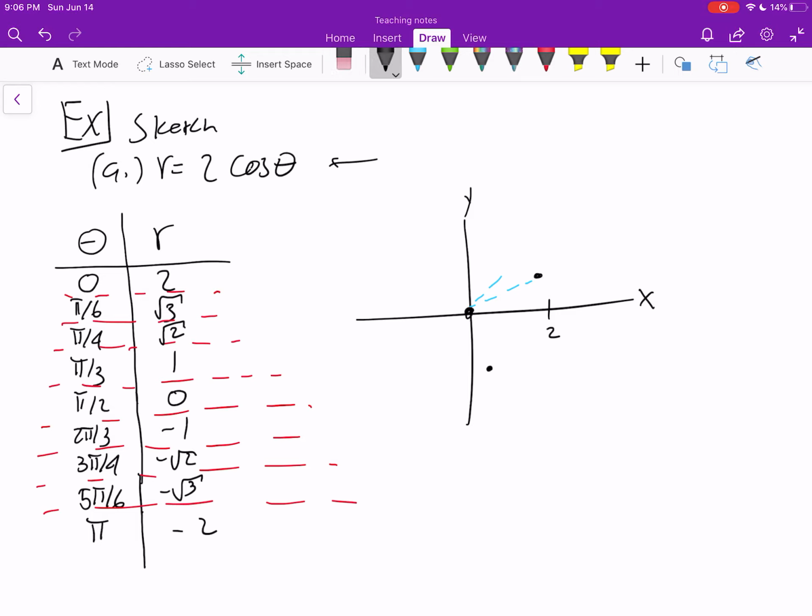So maybe there, and maybe there. That's better. I see what I was doing. So everything I was talking about with those points still holds. I've just shifted them because it's not going to give me the shape I wanted.